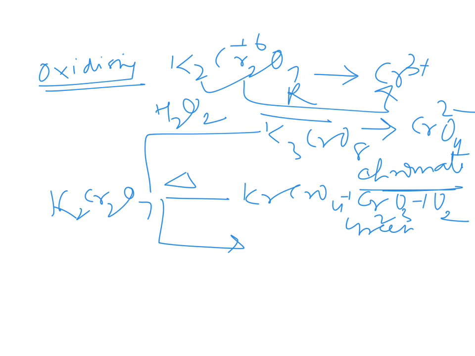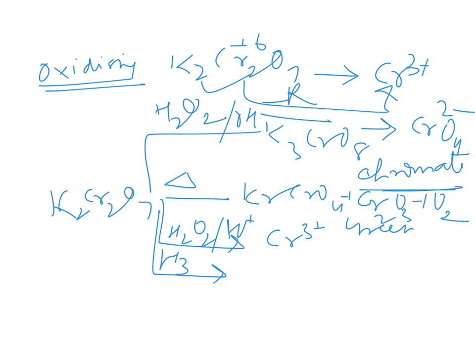Then this was in alkaline medium. If you take hydrogen peroxide in acid medium, then Cr6+ will be converted to Cr3+. If you take H3O+ in OH- medium, then you will get CrO4 2-.